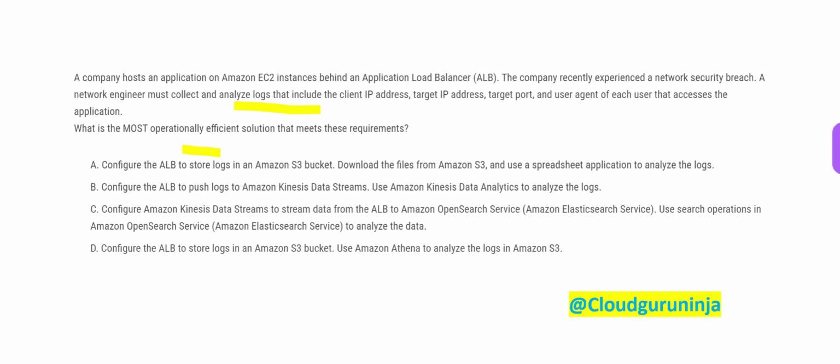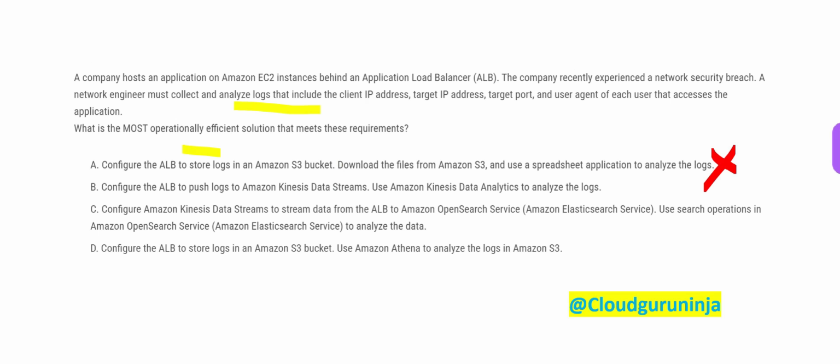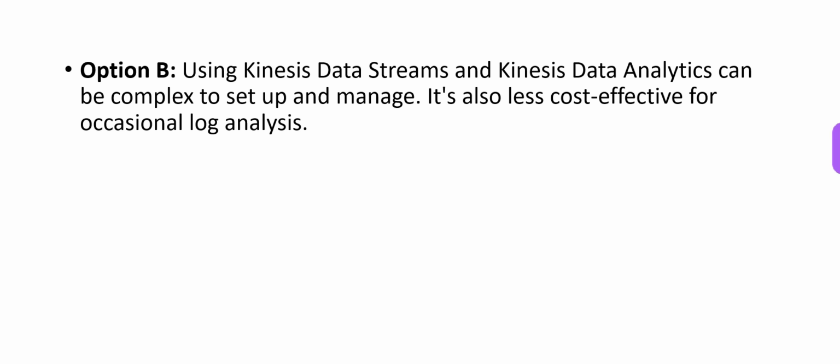Option A is wrong because this guy is telling you to use an Excel sheet. Using an Excel sheet is wrong because what if the data sets are very huge? Not good. Option B is wrong because it is not cost effective.